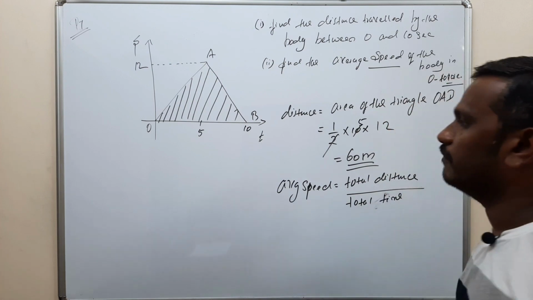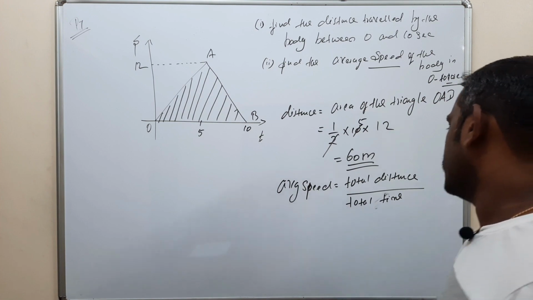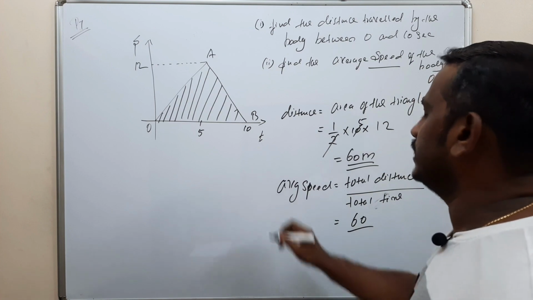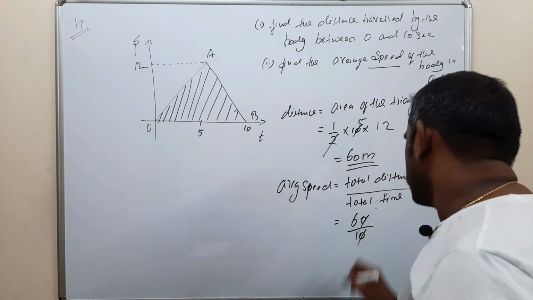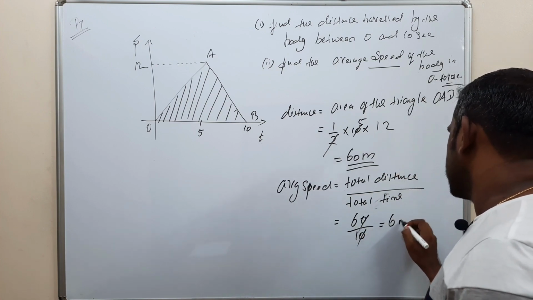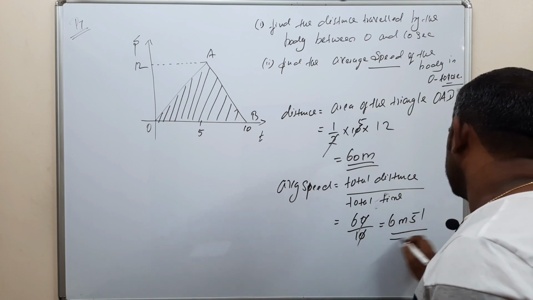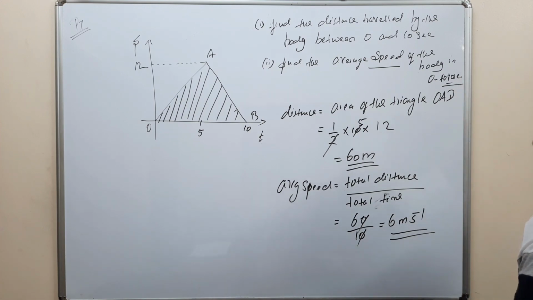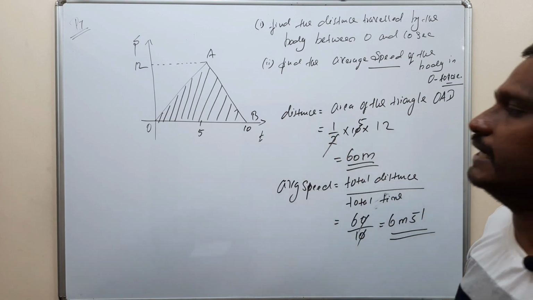So that's equal to total distance covered, that is 60. What is the time? That is 10. So the zeros cancel. That's equal to 6 meter per second. So that is the average speed of the body. Clear?